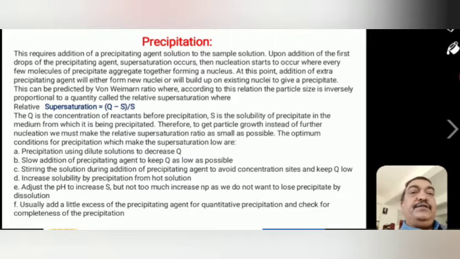That is precipitation. As already this slide was given in the last episode, when we think of the formation of a precipitation, we require 2 factors. One is a standard solution.